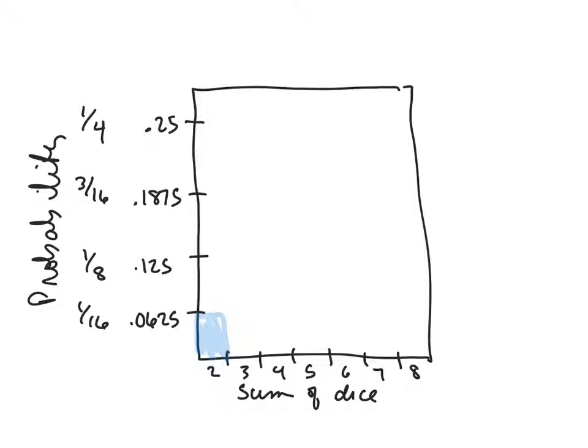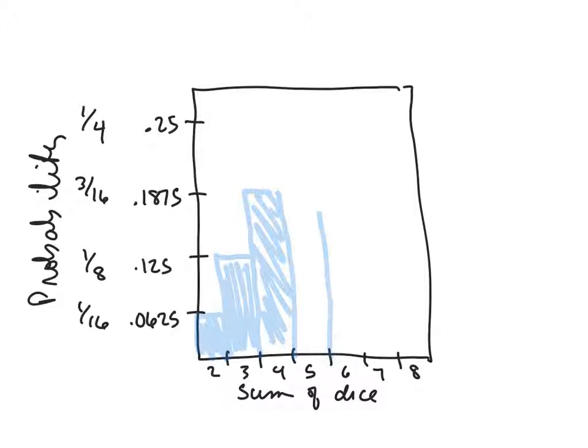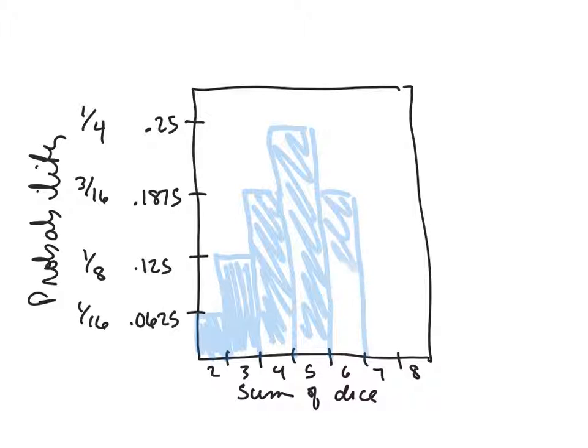My answer for 3 was 1 over 8. Four was 3 over 16. See, the histograms aren't hard. 5 was 1/4. 3 over 16 for 6. One over 8. Very uniform histogram, isn't it? Very symmetrical. Cool.